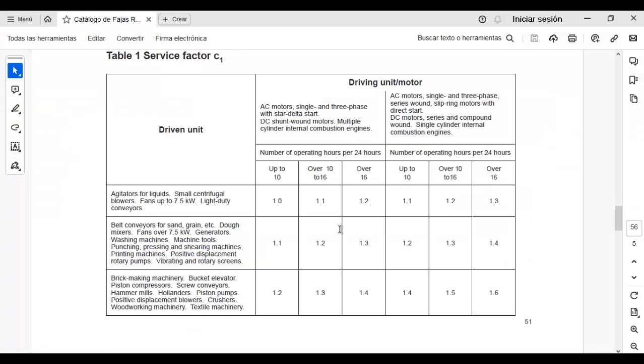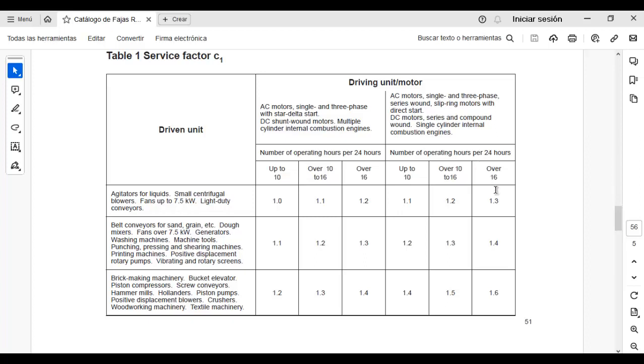So we are here: 20 hours, number of operations over 16. We are here, where we have a three-phase motor. We are not in the case with combustion engine or DC shunts. We are here with a direct start motor, as you can see. This doesn't have a variable frequency, maybe something like that.